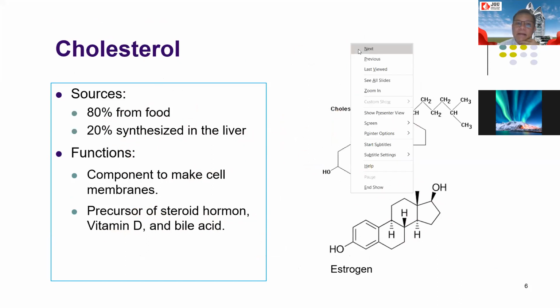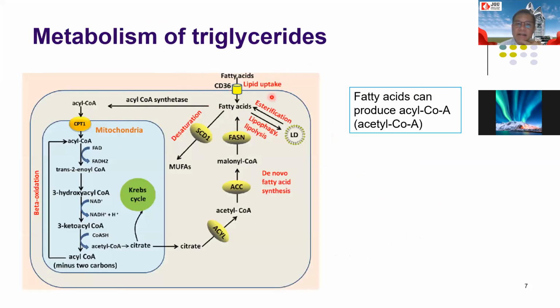Okay, and metabolism of triglyceride. Triglyceride undergoes lipolysis and provides fatty acid, and the fatty acid will later produce acyl CoA, and the acyl CoA can be used for energy through the Krebs cycle.